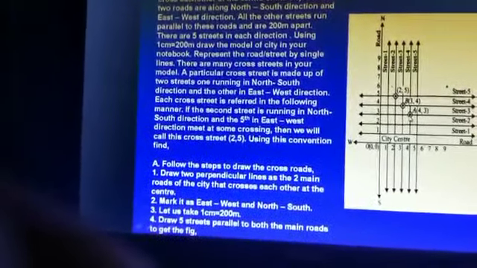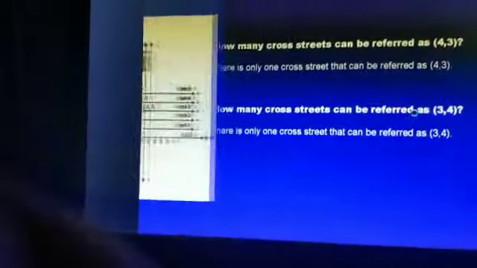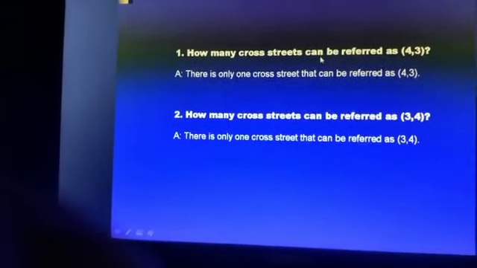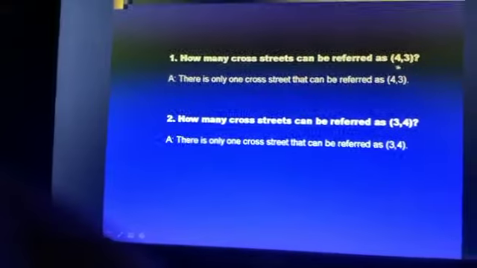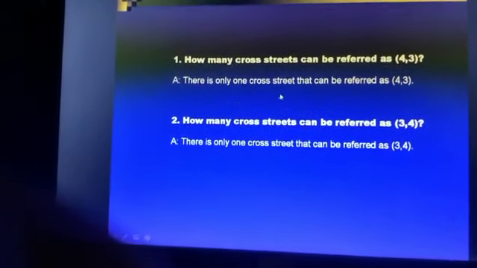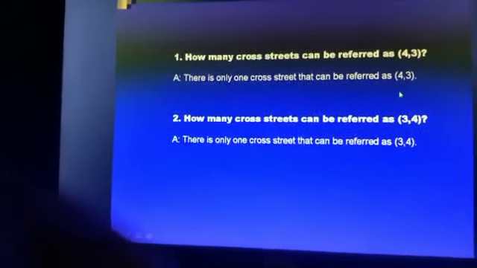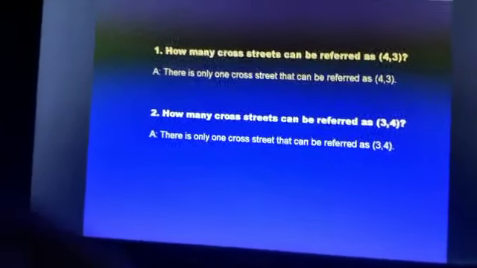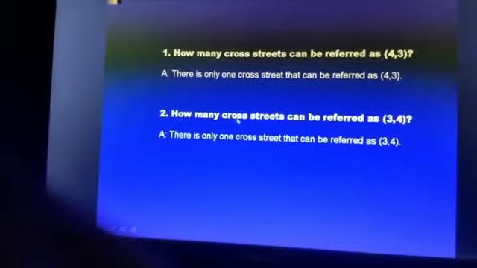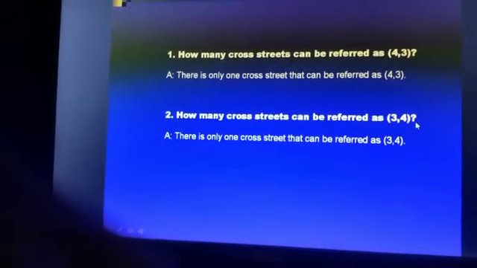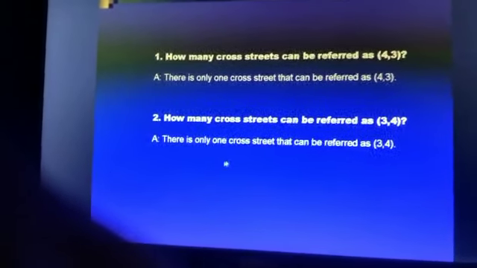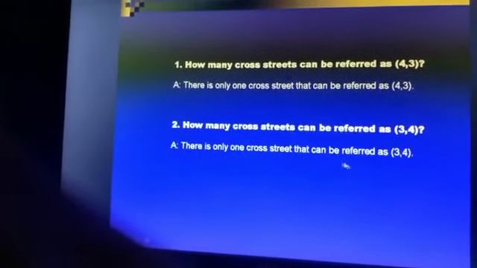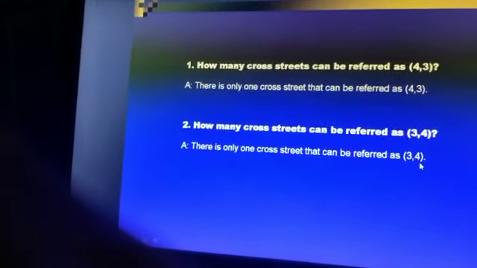This is your next question that they have asked. See here, how many cross streets can be referred to as 4, 3? There is only one cross street that can be referred to as 4, 3. And your next question is how many cross streets can be referred to as 3, 4? There is only one cross street that can be referred to as 3, 4.